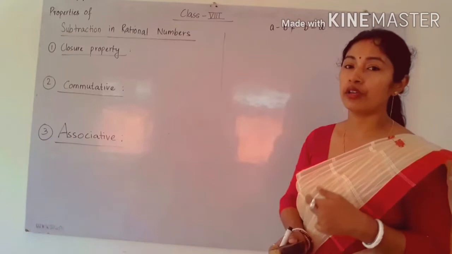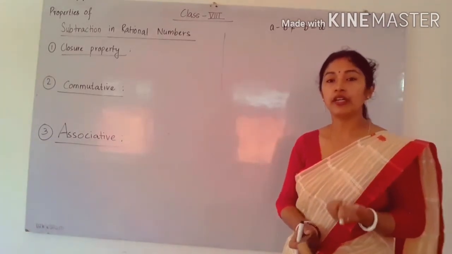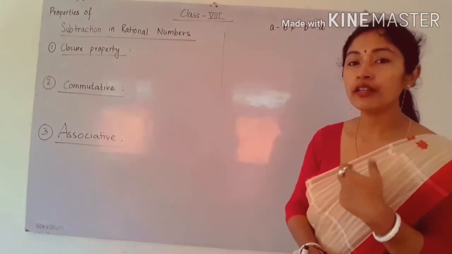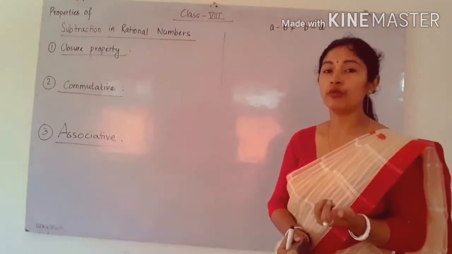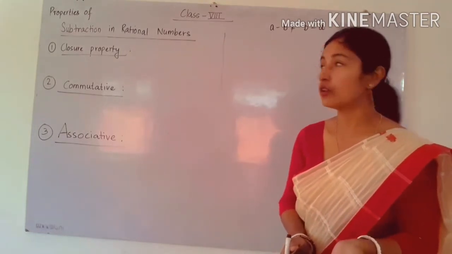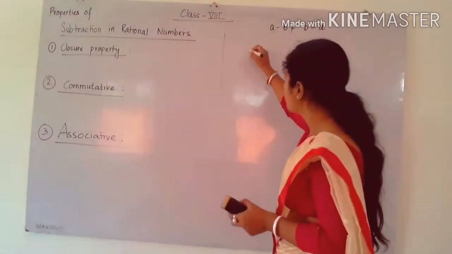So here also in case of rational numbers, we are subtracting an integer from an integer. You can easily see that we are subtracting only the numerator part, not the denominator part. So in the numerator part, what is present? Integers are present. So here also the property will not be satisfied. You can take one example.